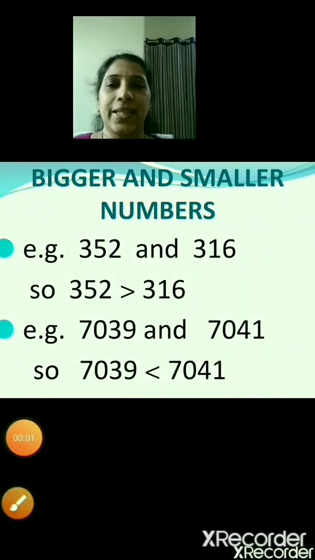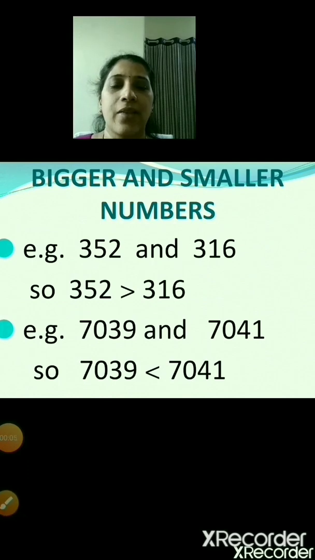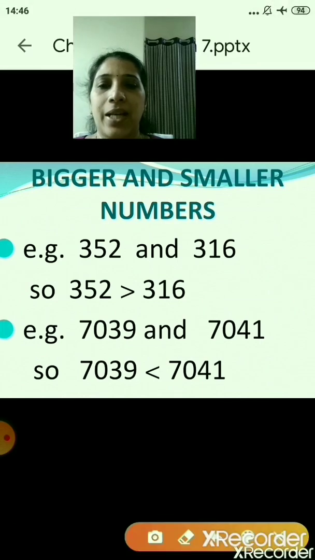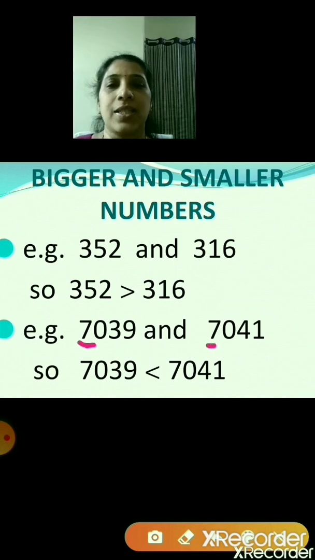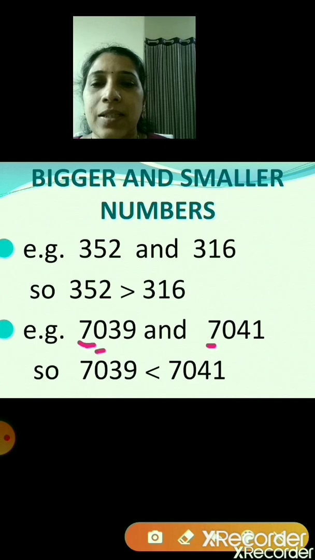Let's take the next example, 7039 and 7041. First, what are you going to do children? First you are going to see on both sides whether it has the same number of digits. On both sides it is a 4-digit number. Now we'll start from our left hand side. Here the first digit is 7. Here also the first digit is 7. So you cannot compare. The next digit is 0.